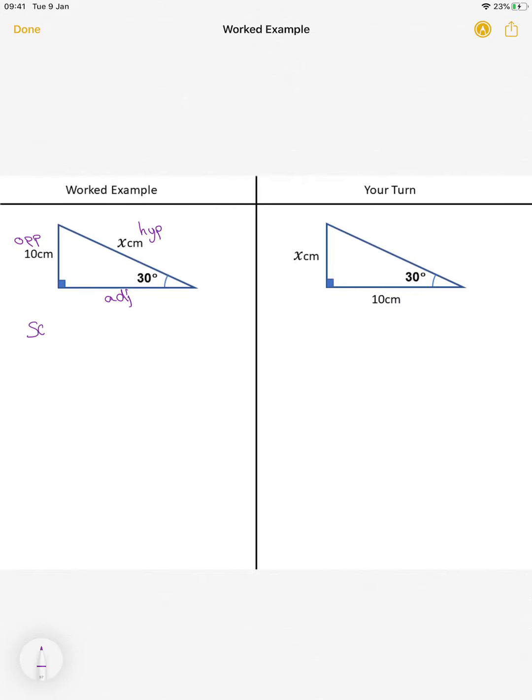So let's write out SOHCAHTOA. And then I'm going to do the rest of this in silence, and then I'll talk through my working and highlight bits after. So just undivided attention, watching what I'm doing, see if you can work out why I've done what I've done.